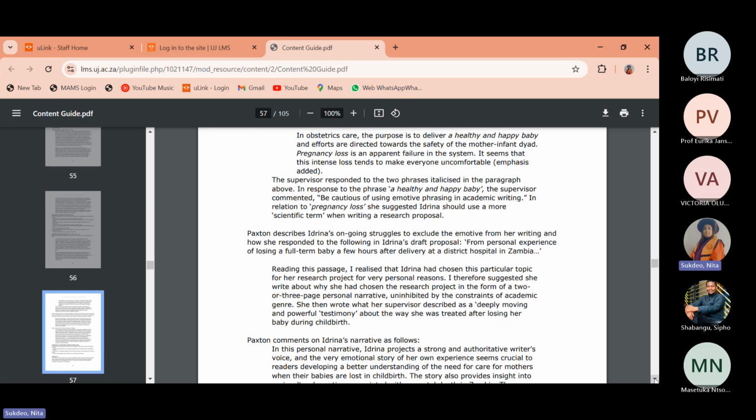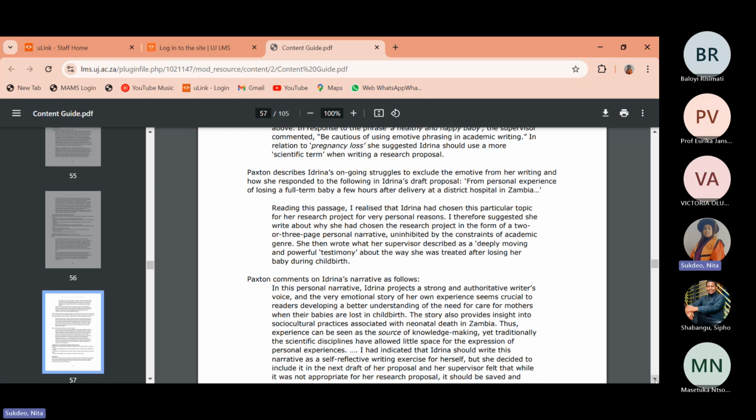She just wrote. Thaxton describes Adrina's ongoing struggles to exclude the emotive from her writing and how she responded to the following in Adrina's draft proposal. From personal experience of losing a full-term baby a few hours after delivery at a district hospital in Zambia, reading this passage, Thaxton realized that Adrina had chosen this particular topic for her research project for very personal reasons because she herself had experienced a pregnancy loss.